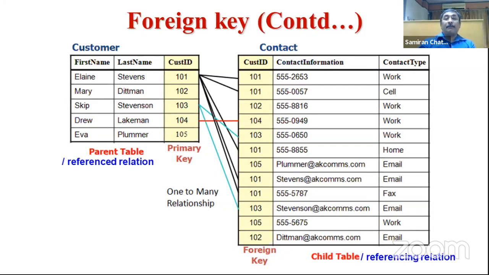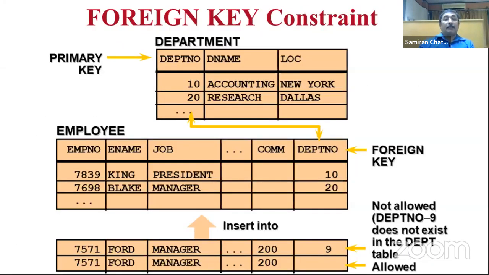I mean, we have one more example which illustrates this. Look at this. Department has a primary key, department number, which is like 10, 20, things like that. So an employee, maybe with employee name King, has an employee number 7839, and he works in the department which is accounting, which is 10.